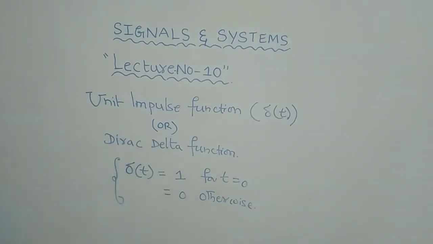We also saw some important properties and one very important example. In this presentation, I want to explain some more examples on this unit impulse function, so that you will be able to understand it very clearly.